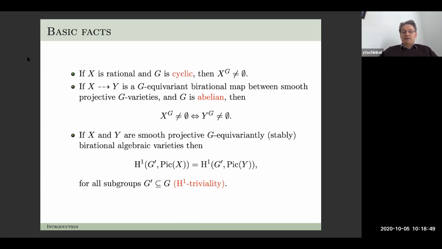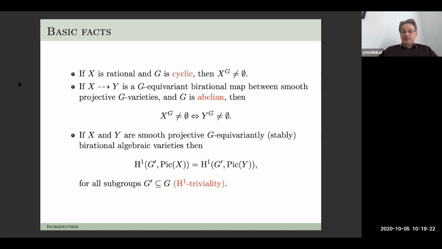If G is cyclic, acting on a rational variety, then we are guaranteed to have fixed points. If we have a G-equivariant birational map between smooth projective G-varieties, and the group G is abelian, then the presence of fixed points on one is equivalent to the presence of fixed points on the other. So this is a very useful property, which allows us to check G-equivariant birationality in some cases.